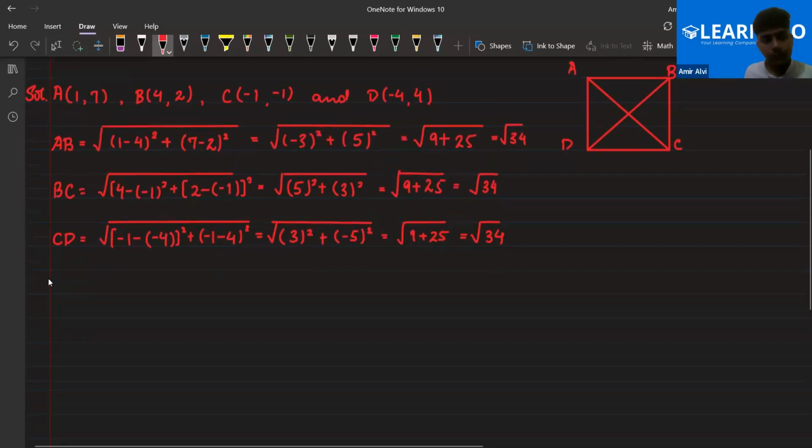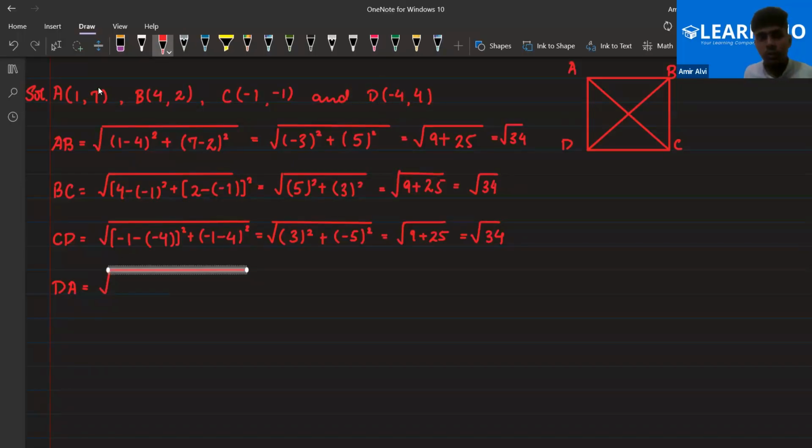Okay. Now DA. This is x1. I'm taking this one as x2. 4 minus 1. So minus 4 and minus 1. Minus x1 minus x2 whole square plus 4 minus 7.